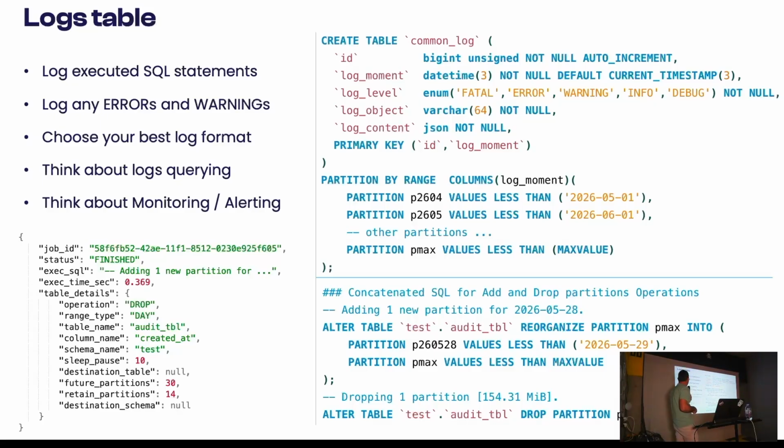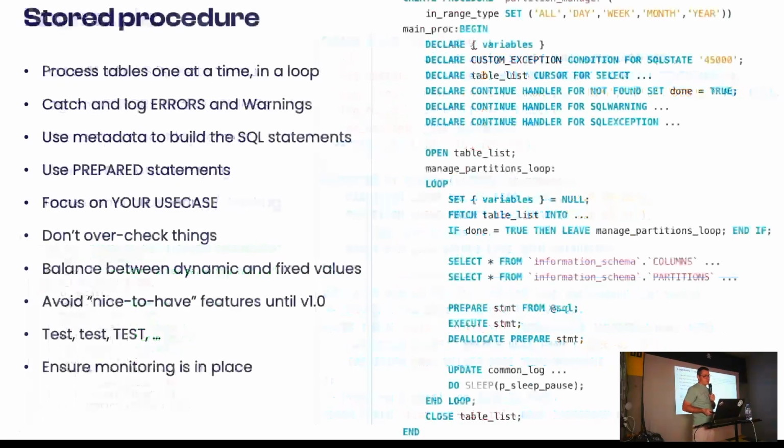So once this is defined, we said that we can create our stored procedure, and this is not actual code. It is pseudo code for which are the parts that you should take care of. In our solution, we had this input type that accepts if I wanted to target only daily partition tables, weekly partition tables, monthly or yearly, or maybe all of them from the settings table.